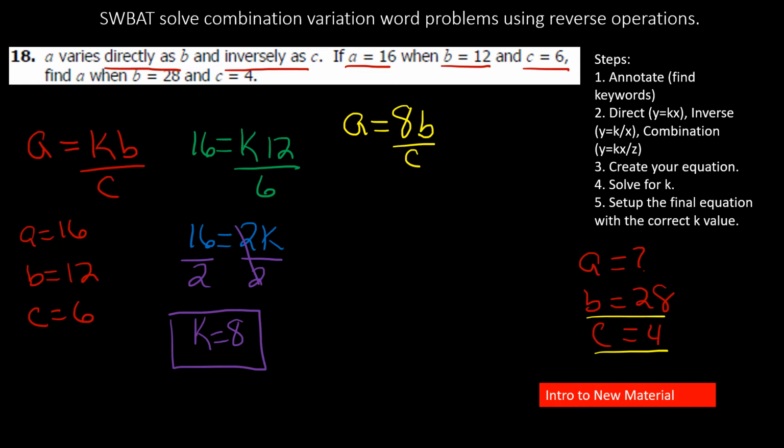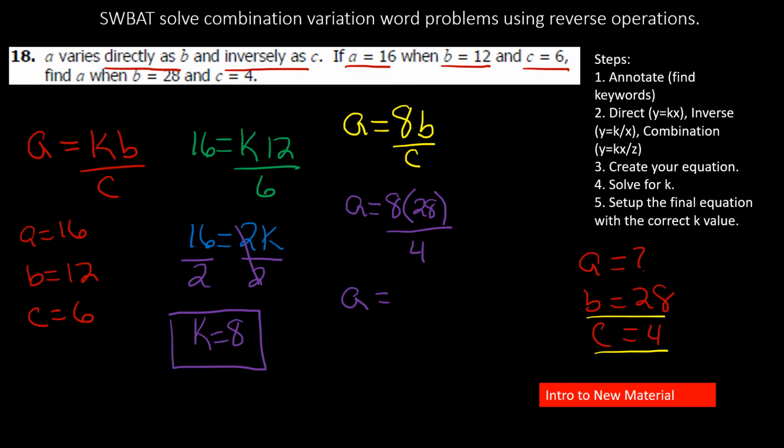And we want to start plugging in these values, and we're looking for A. So what we're going to do is say A is equal to 8 times B, which is 28, all of that over 4. Okay, so then we'll get B equals, I'm so sorry, I put B equals, and it is not B. We're still solving for A. Okay, oops.